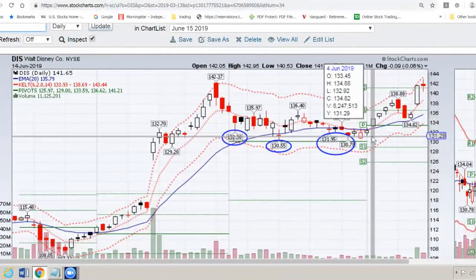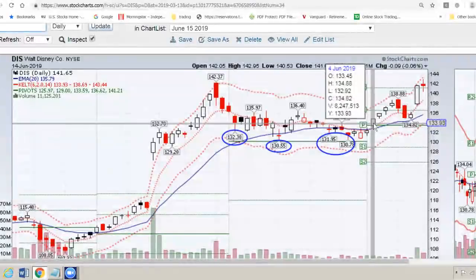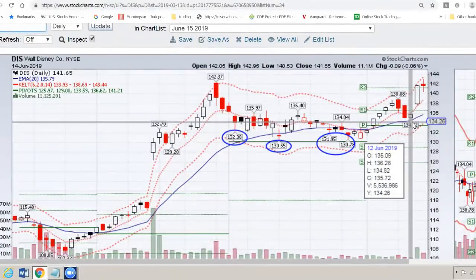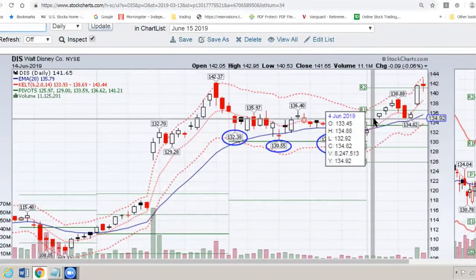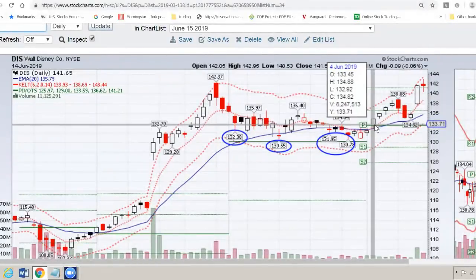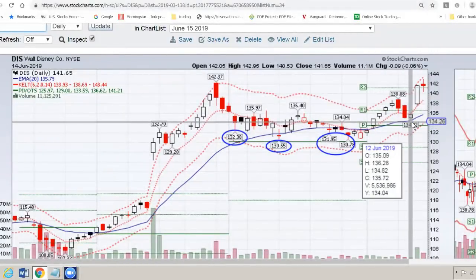And so we moved back above the pivot on the 4th with a high of 134.82. Interesting that that high was the low from last week. So I didn't pick that one up when I was making the recommendation. Otherwise, I probably had a recommendation at 35 something or just above that level, which would have been perfect.